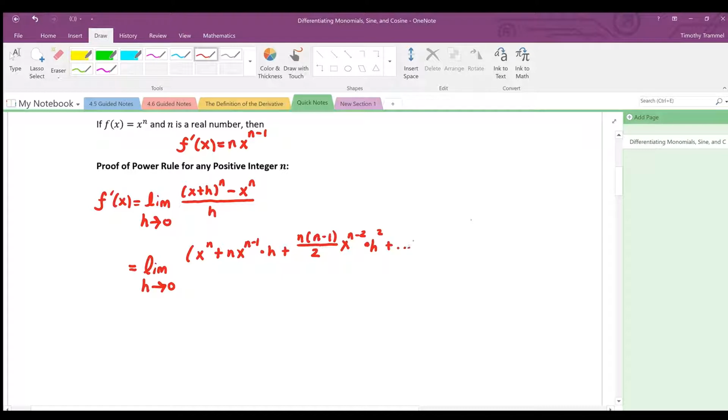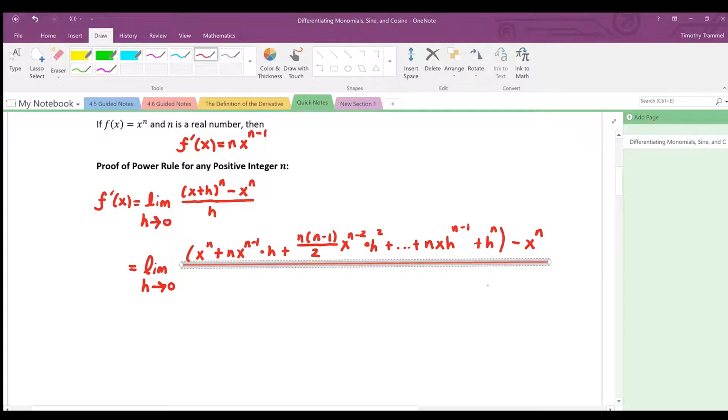plus, and there's going to be a bunch more terms, and we're going to keep following this pattern, and then we'll end up with n x h to the n minus 1 plus h to the n. And then this is all minus x to the n, and then this is all over h.